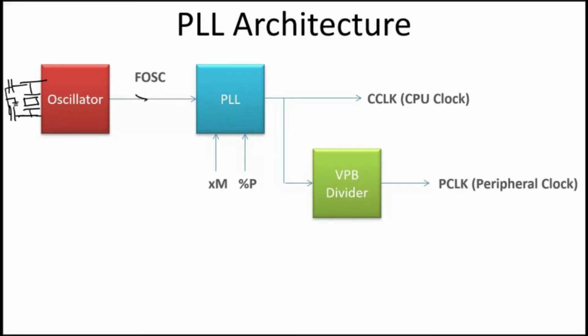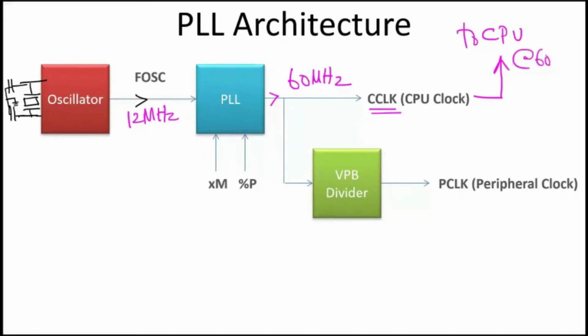This gives you 12 MHz at the output. This 12 MHz we are trying to convert into a 60 MHz clock internal to the processor. This 60 MHz clock that is coming out of the PLL is called the CPU clock. So this goes to the CPU, and the CPU operates at 60 MHz.